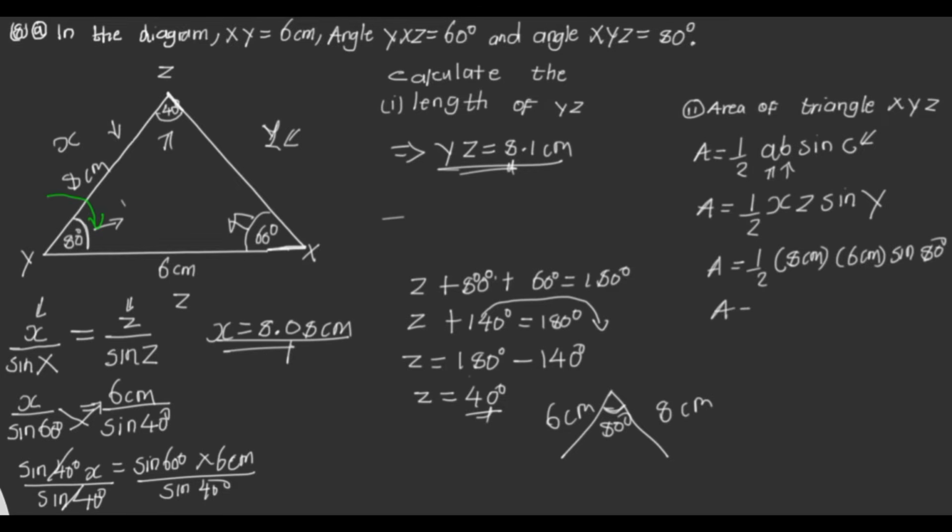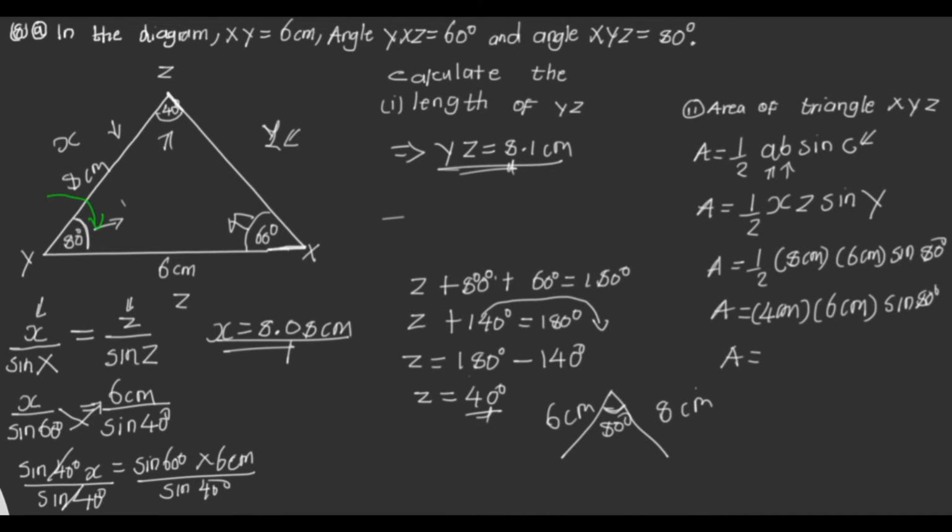We can first simplify: 2 goes into 8, so we have 4 centimeters times 6 centimeters multiplied by sine 80 degrees.